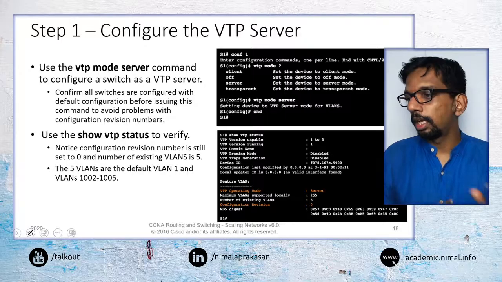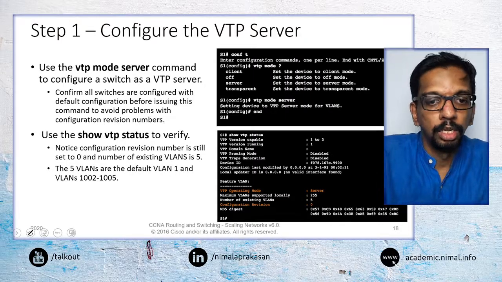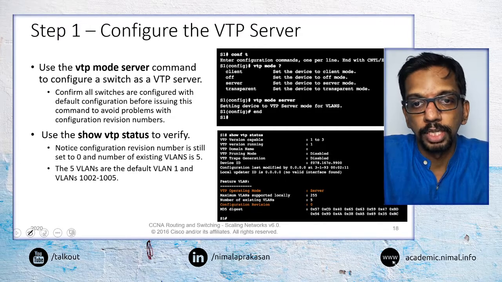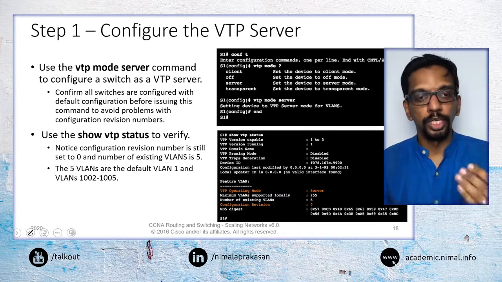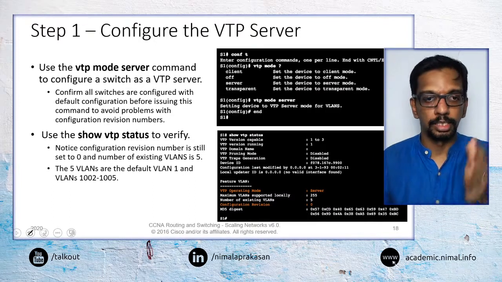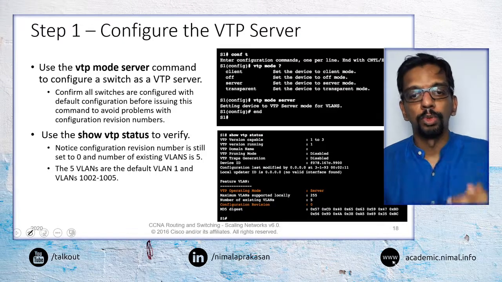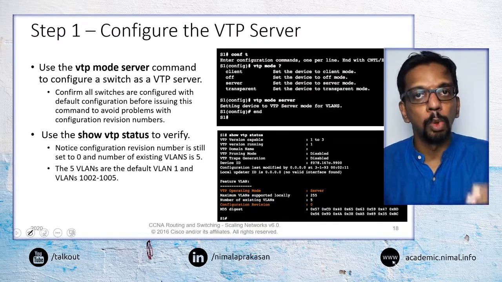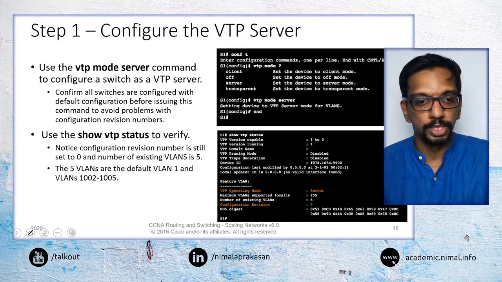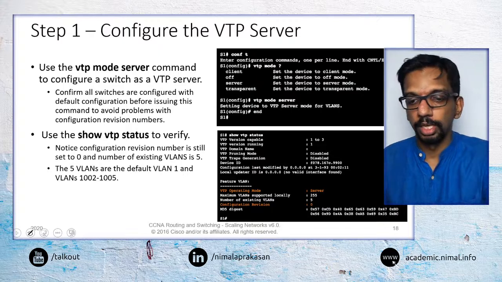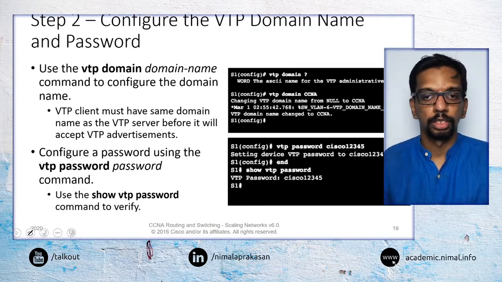If we look at that in a bit more detail, to configure a switch as a VTP server, we would issue the VTP mode command and specify it as server. So VTP mode server specifies that the particular switch is now running in VTP server mode. Then we can verify the status to see whether it is a server or not.